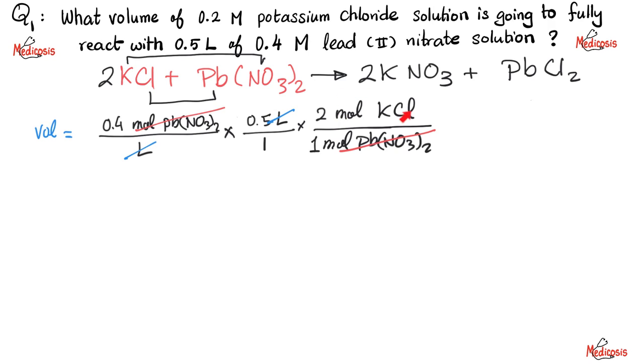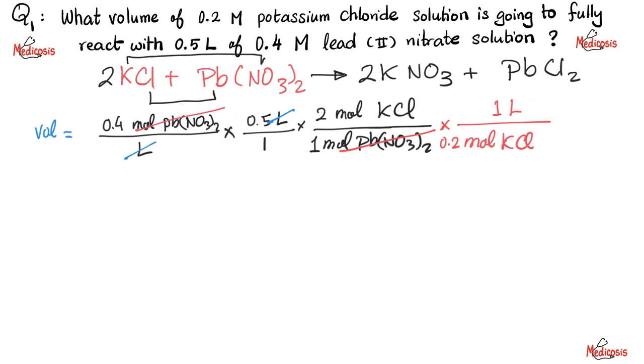But I do not want the number of moles of KCl, I want the volume of KCl. So there needs to be another multiplication, and it has to have moles of KCl down here and liters up here. What should I do? You see this? 0.2 molar means 0.2 moles per liter. So this is 0.2 moles downstairs and only 1 liter upstairs.